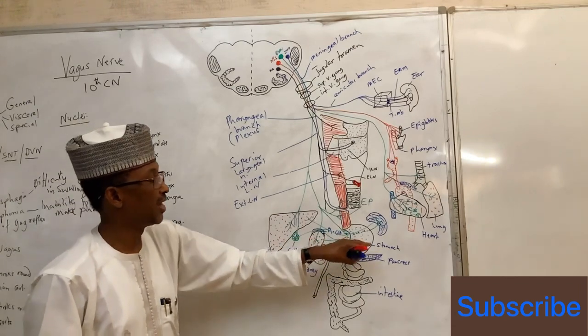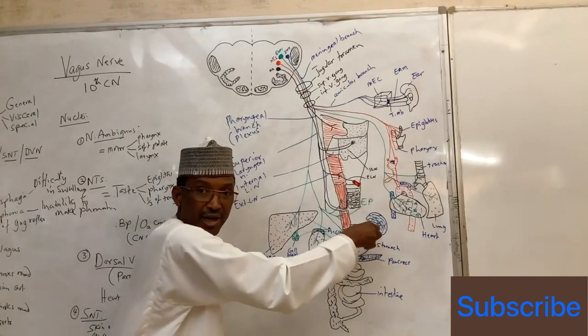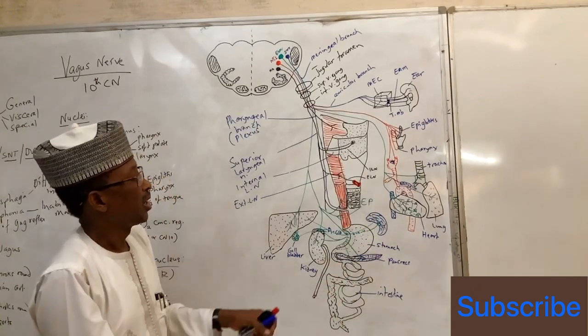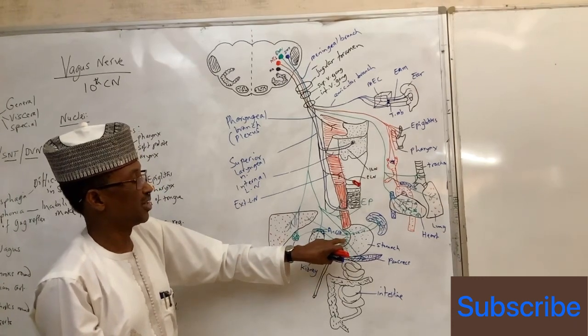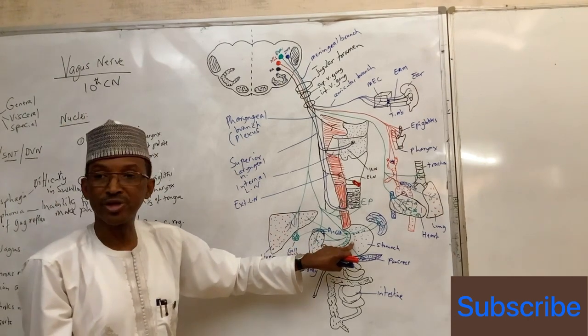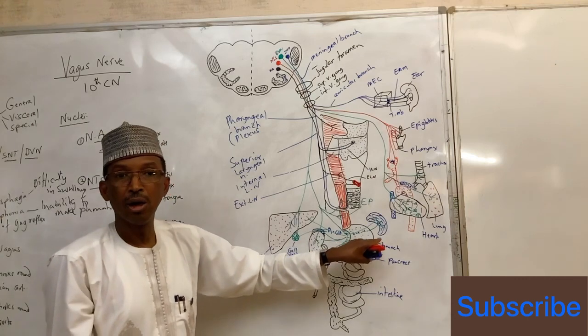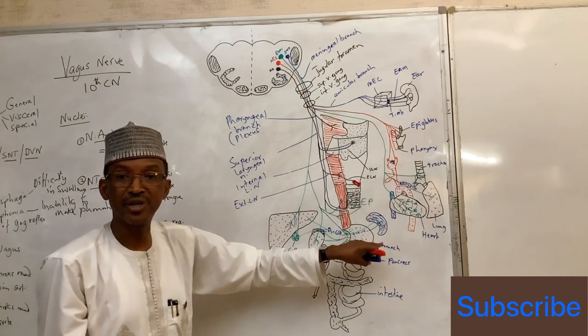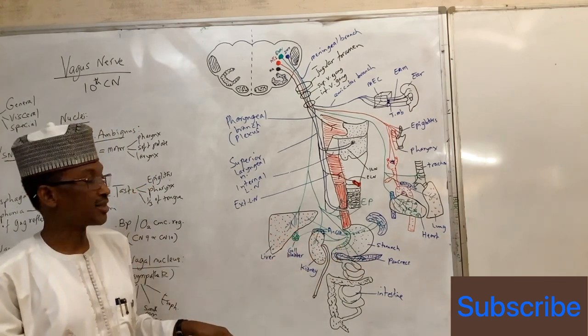That means we have another kidney around this side. So it supplies the kidney around the left-hand side, because, assume this anterior division is the right vagal division and the posterior division is the left vagal division. So this one supplies the organs around the left-hand side, while the anterior division supplies the organs around the right-hand side.